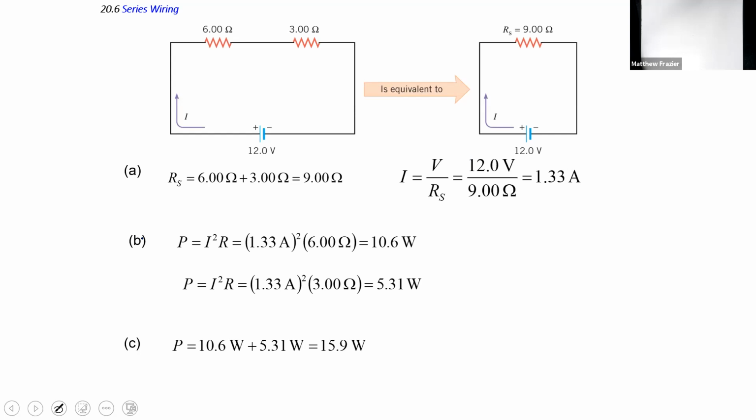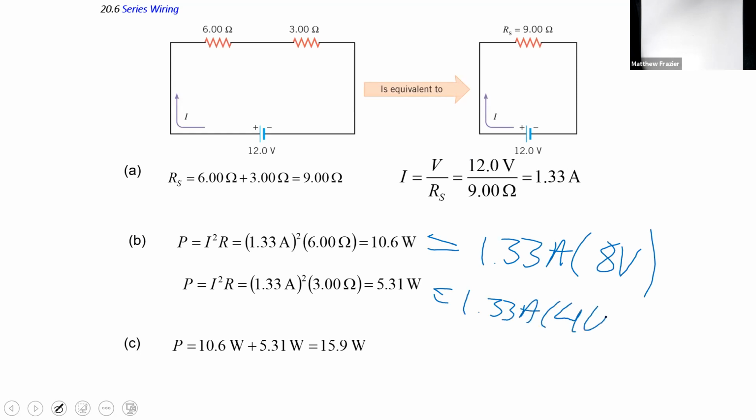And the reason you can calculate the voltage there is this also has to equal 1.33 amps times 8 volts. Right, because these things also have to equal voltage times current. And then the total delivered by the battery is the addition of those things.